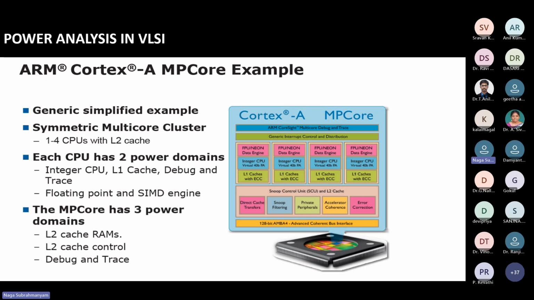So that management is extremely difficult. See here, the MP core has three power domains. One is L2 cache RAMs, L2 cache control, debug and trace module. Okay, each block, each subsystem, such as the debug and trace module, will work at a different power. Okay, all these L1 caches will work at a different power. All these L2 caches work at different power.